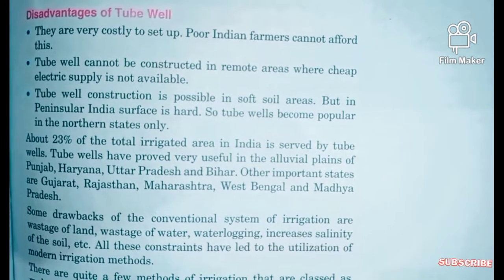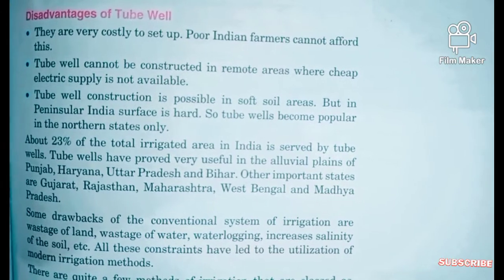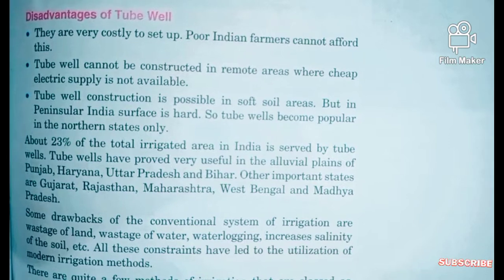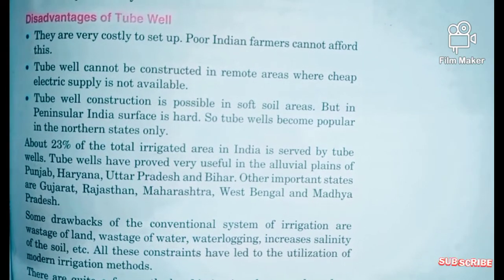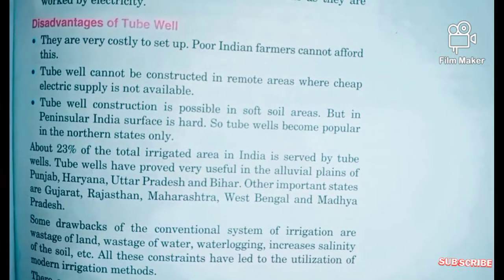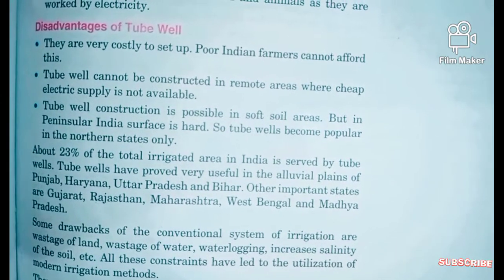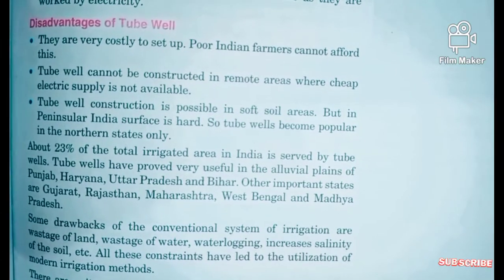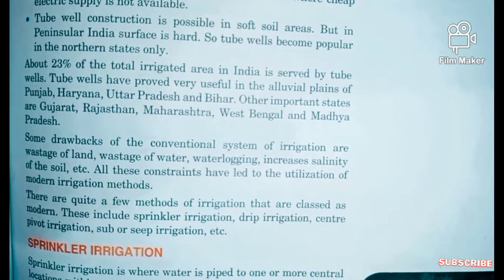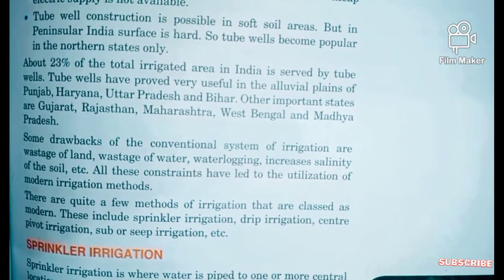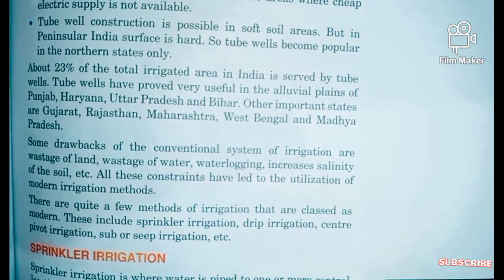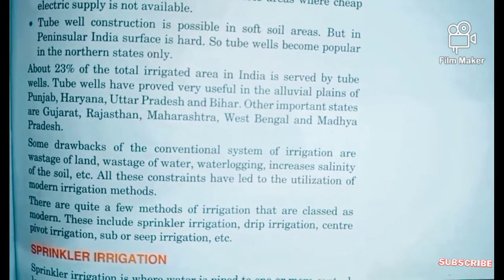Tube well construction is possible in soft subsoil, but in peninsular India, like in South India where there is hard soil, the tube well is popular in the northern states only. In South India it is not possible to have proper tube well extraction because of the hard rocky structure, so there we can have wells.